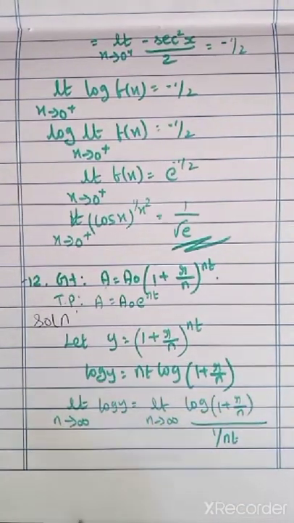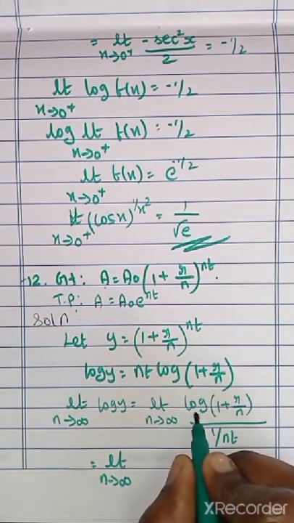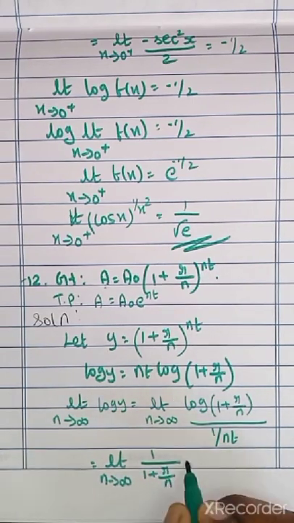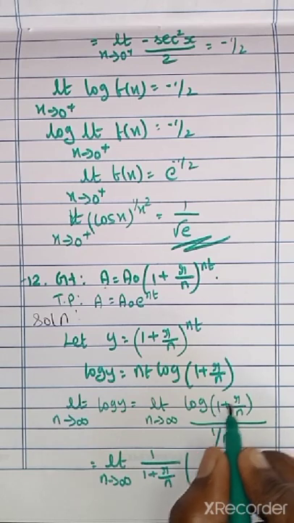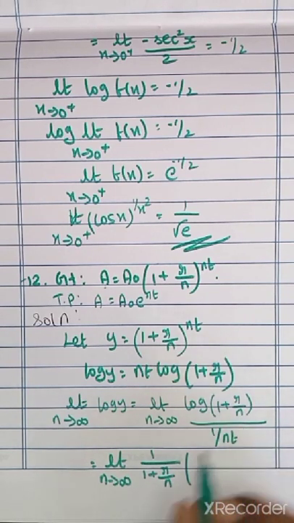Now we have to use your L'Hopital rule. So limit n tends to infinity, log x differentiated gives 1 by x. Then n differentiated gives 0, and 1 by n differentiated gives minus 1 by n square.